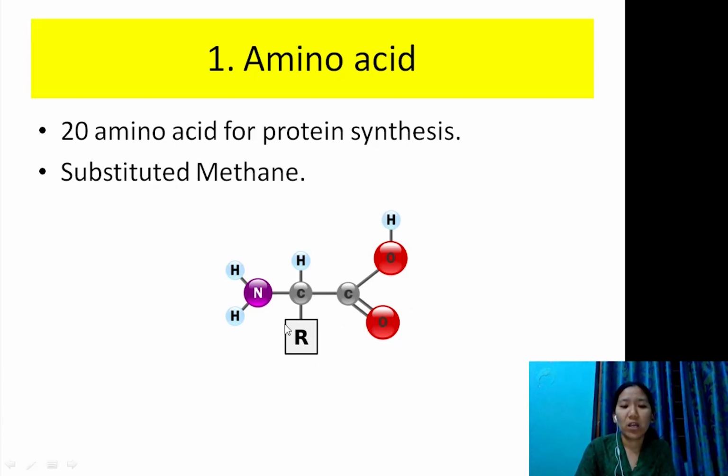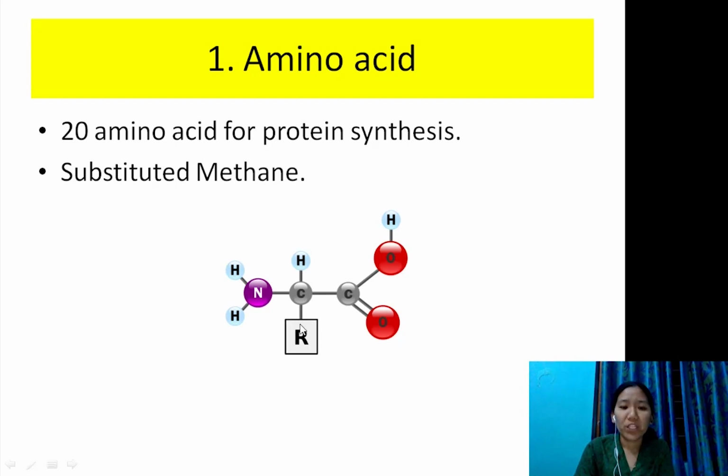So here is a substituted methane. Methane has CH4, with one H here, one here, one here, one here. But here, instead of one H, we have an amino group, here we have an R group, and then we have a carboxyl group. All of these are bonded to the same carbon. So this is an alpha amino acid.